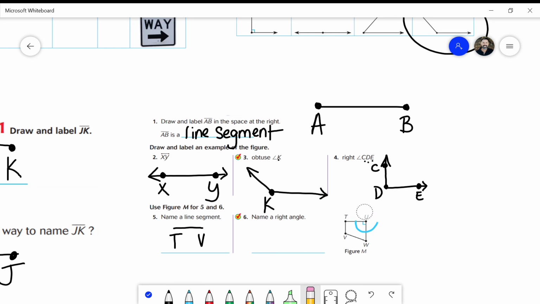So if I want to write that, I have the angle symbol, and I'm going to start with T, and then the vertex is U. That's the most important one. That has to be the middle one. And then it goes down to W. And that's it. That's how we start looking at lines, rays, and angles.